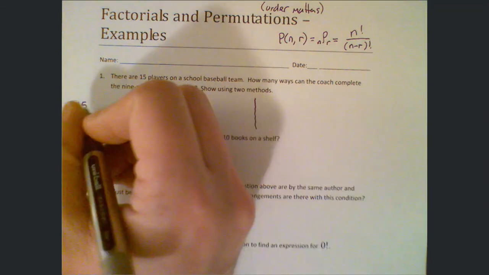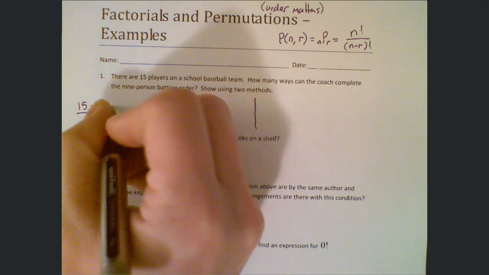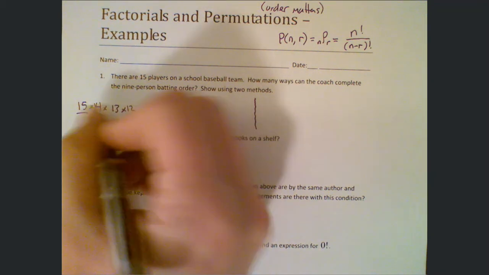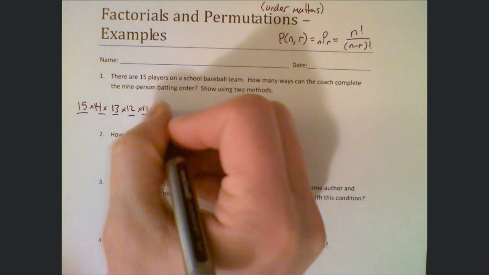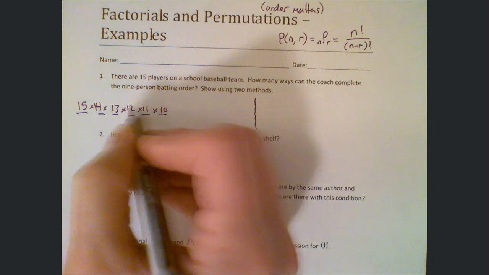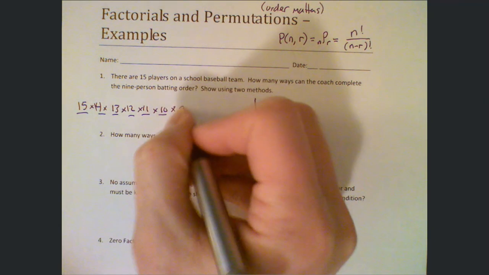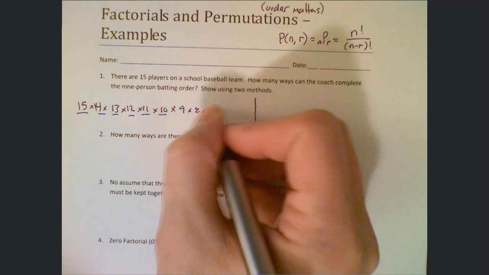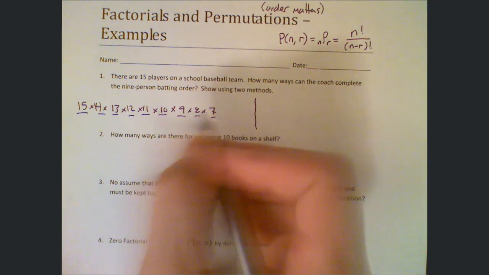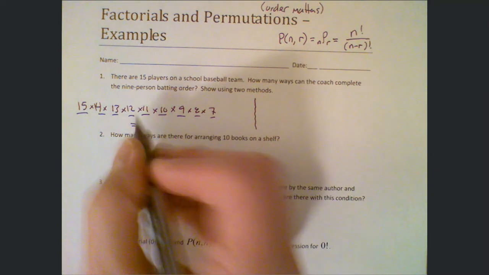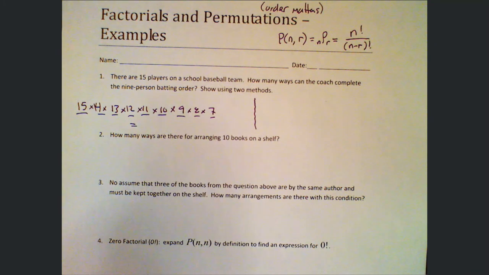They can't bat again. 14 times 13 times 12 times 11 times 10, 2, 3, 4, 5, 6, 7, 8. 1, 2, 3, 4, 5, 6, 7, 8, 9. So there are 15 times 14 times 13 times 12 times 11 times 10 times 9 times 8 times 7 different ways of arranging the batting order if there's a 9-person batting order.